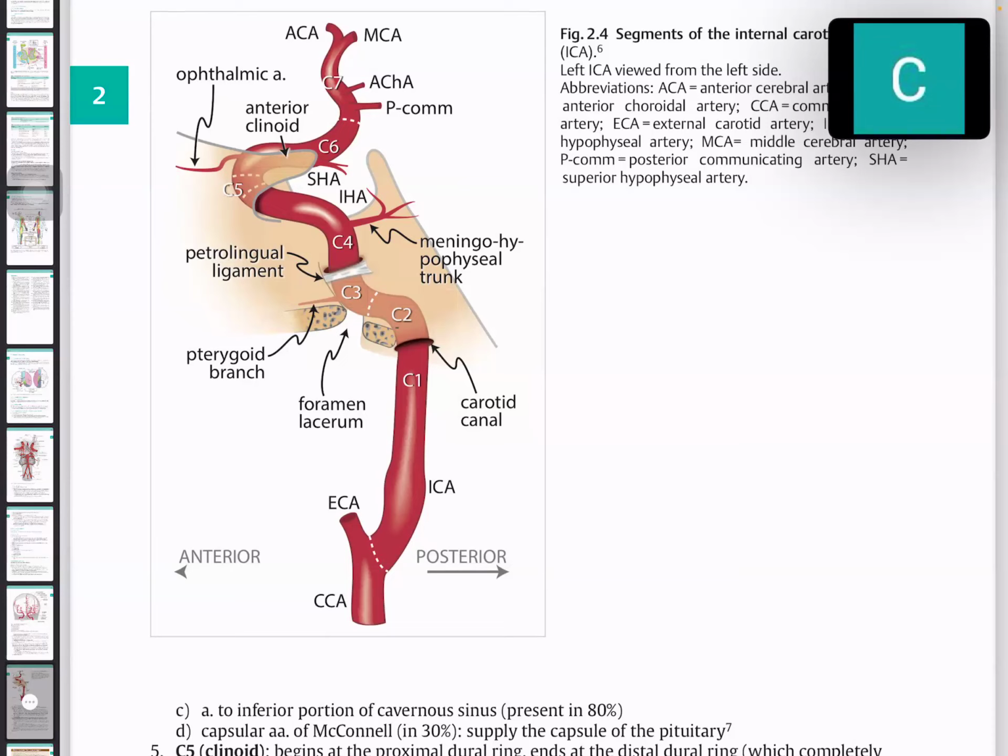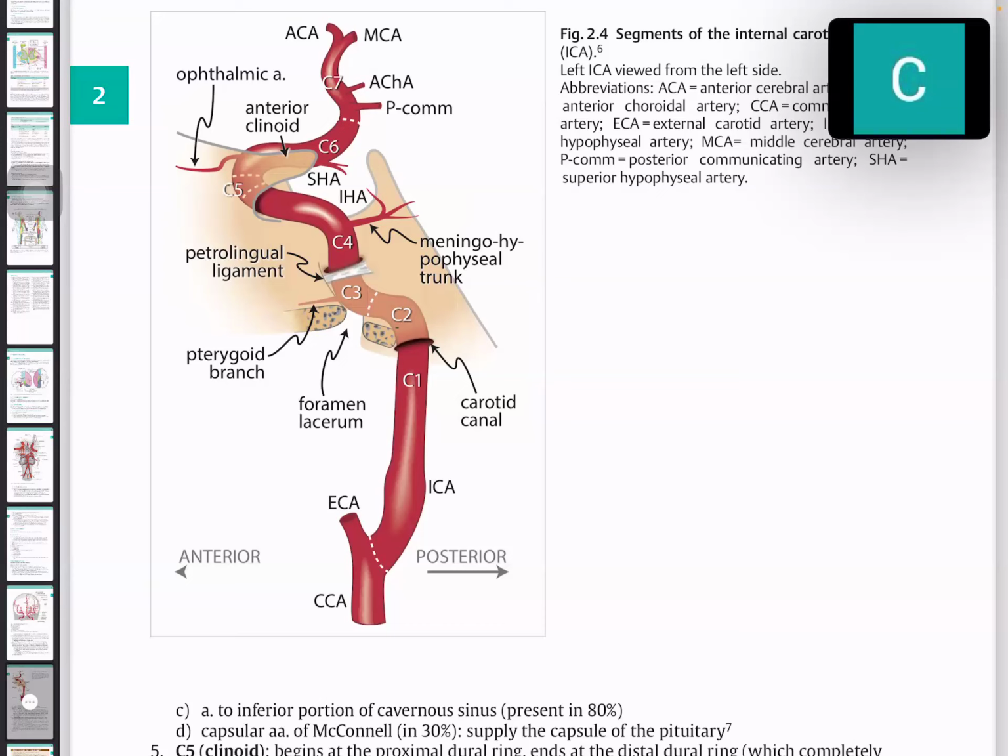The lacerum segment would then end at the level of the petrolingual ligament, where it comes out intracranially, giving out the C4 segment, which is also known as the cavernous segment.